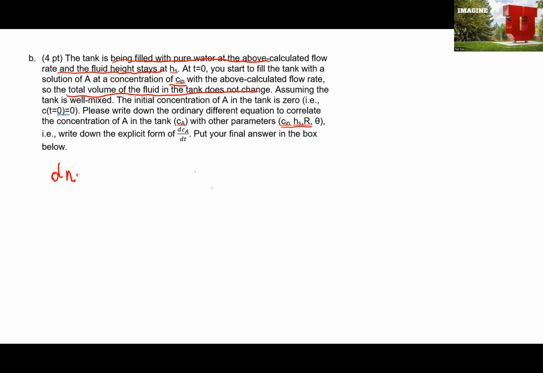Right, then V in equals V out. As we learned in the first problem, that is square root of 2 g H s, right?